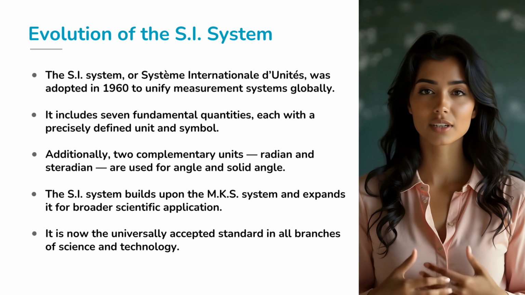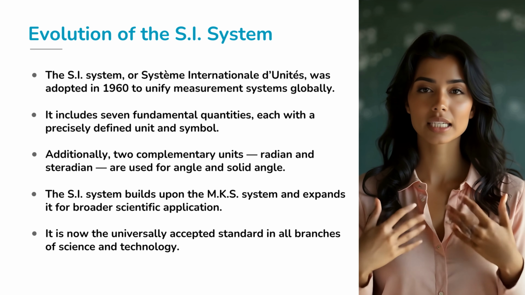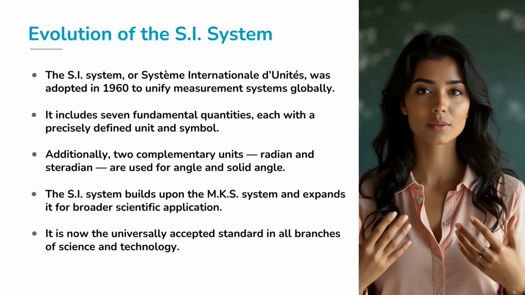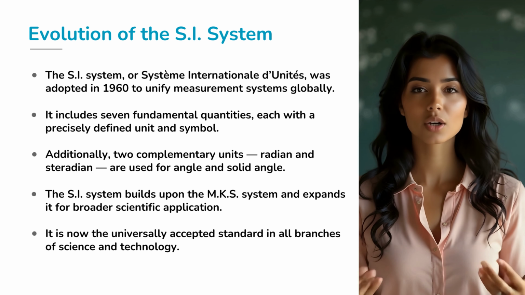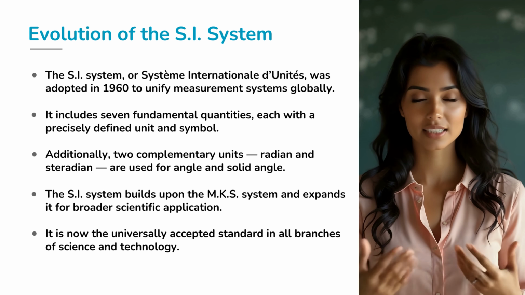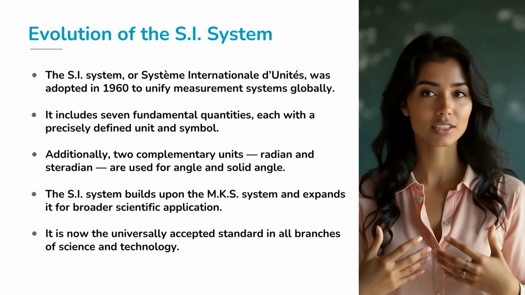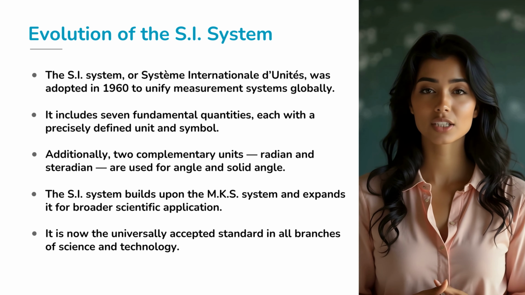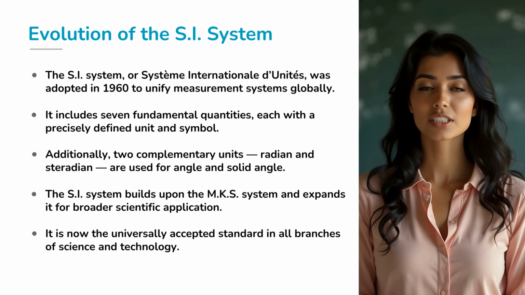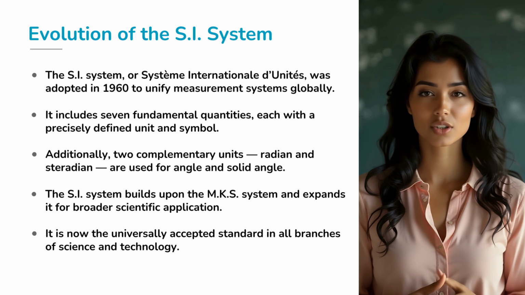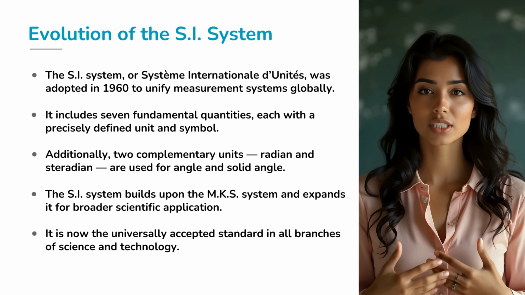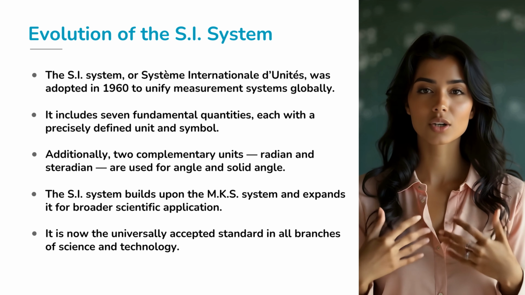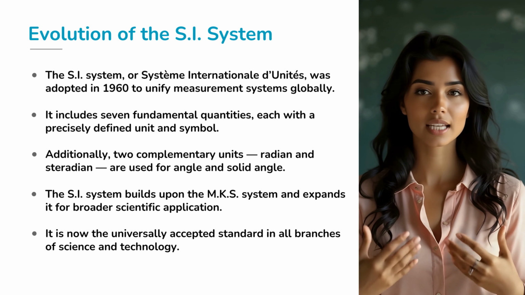It defines seven fundamental quantities, each with its own unique unit and symbol. These include familiar quantities like length, mass, and time, but also extend to others essential in chemistry, such as temperature, electric current, and amount of substance. The system even includes two additional supplementary units: radian for angle and steradian for solid angle.